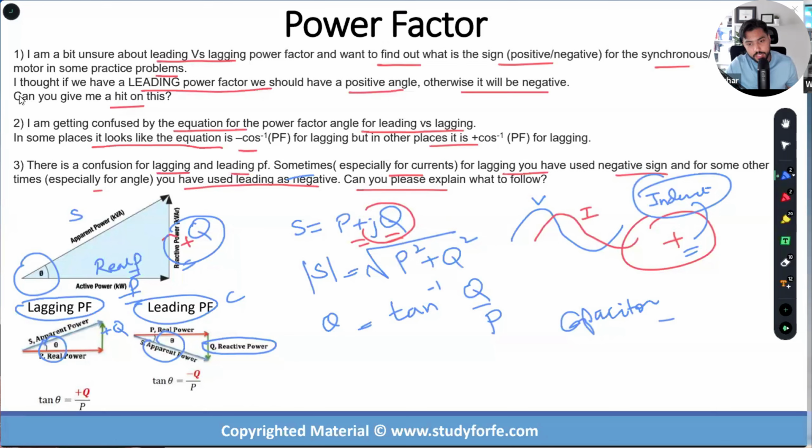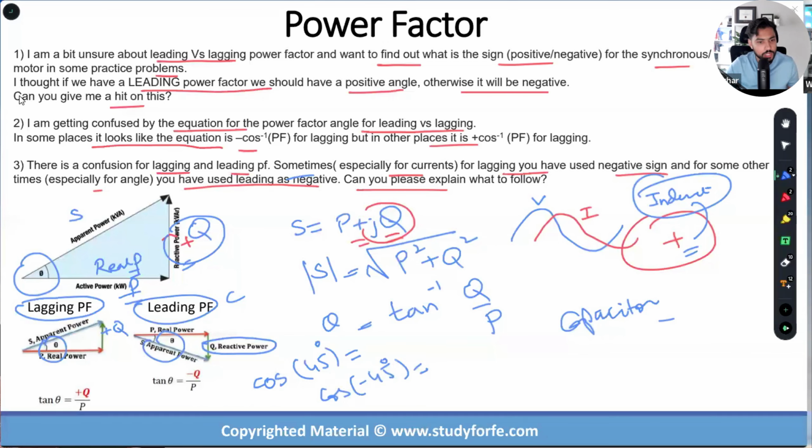Now, the interesting thing is, you guys can do this on your calculator. Do a cosine 45 and do a cosine minus 45. What is the answer? It's the same, right?